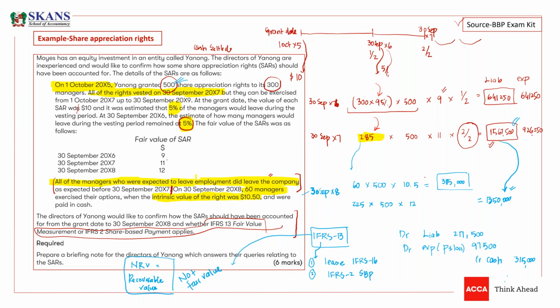It is already given. So that's why we are using 285. Otherwise, if the line was that the actual number of employees who left the company is 4%, we would have to deduct only 4%. Is that okay? Okay, thank you so much.